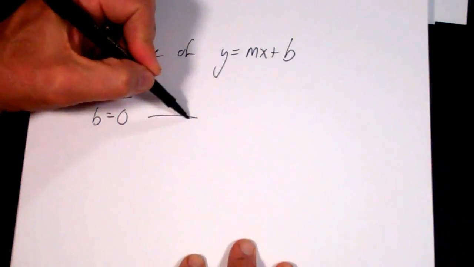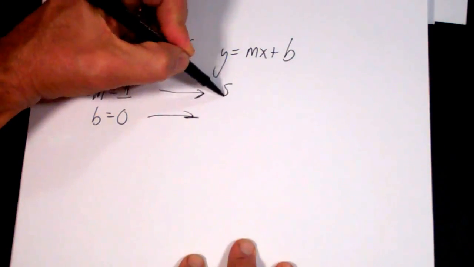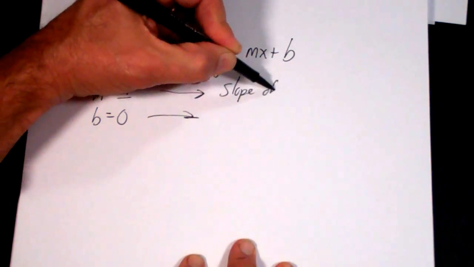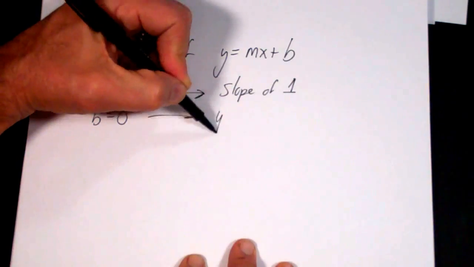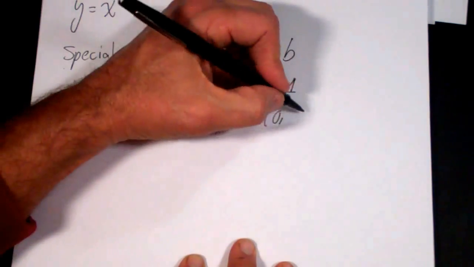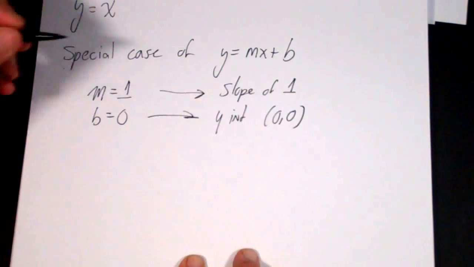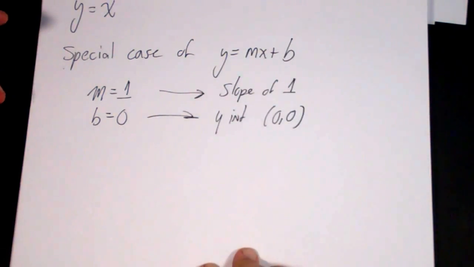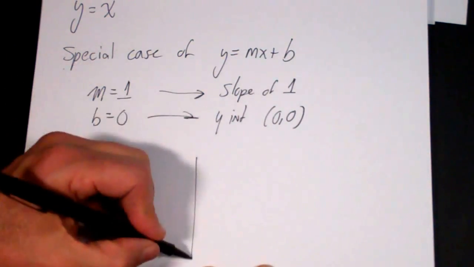In other words, it has a slope of 1 and it has a y-intercept of 0, so the point (0, 0). And what does that look like graphically?